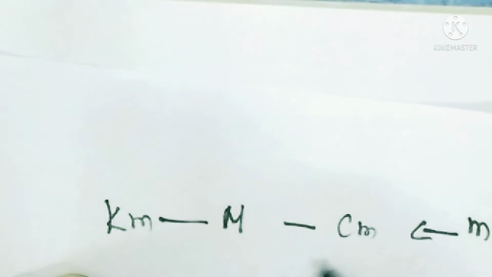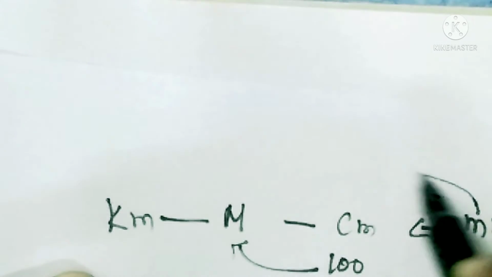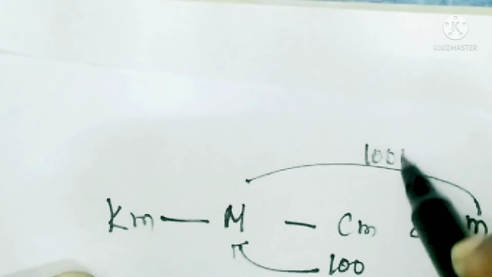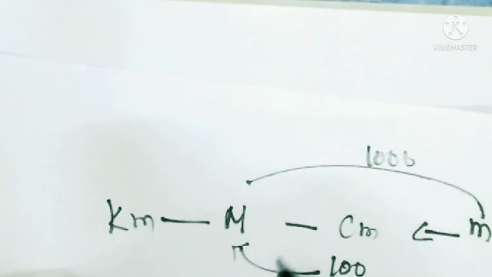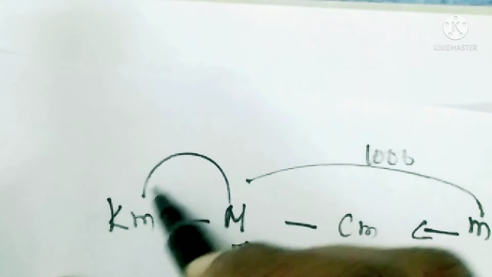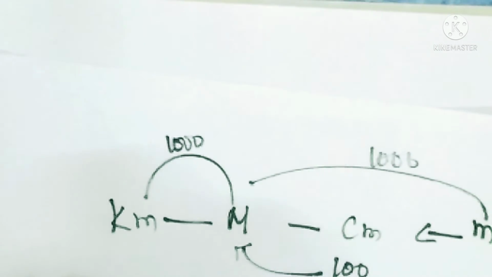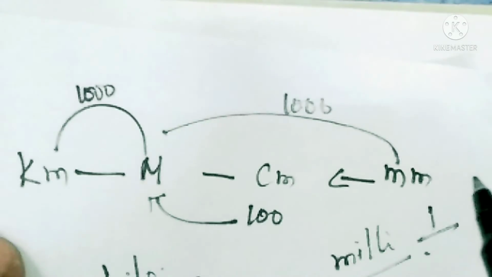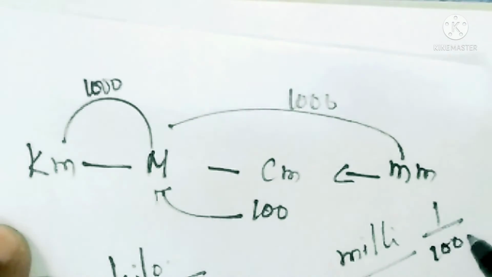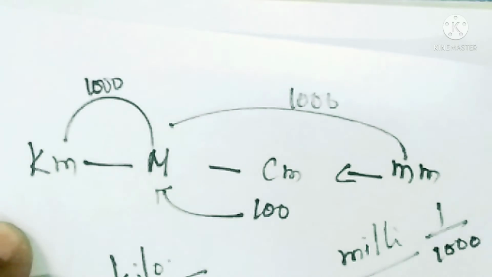So if you have 100 centimeters, you get 1 meter, and if you have 1000 millimeters, then it is 1 meter, and 1000 meters stands for kilometer. So whenever you write kilo, it means 1000. Whenever you write milli, it means 1 upon 1000.